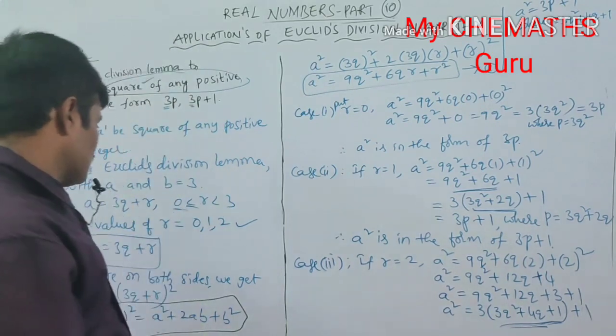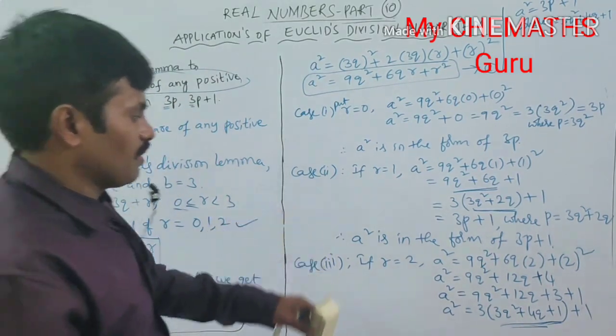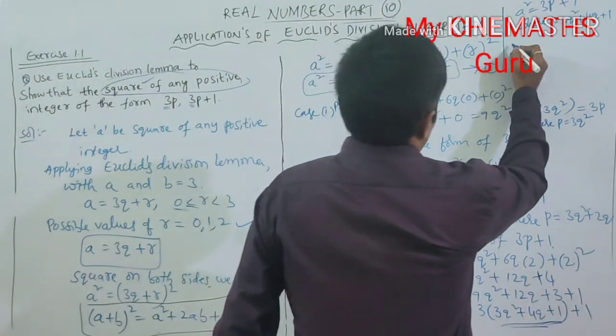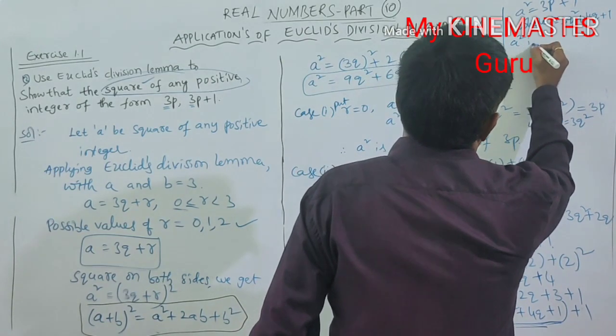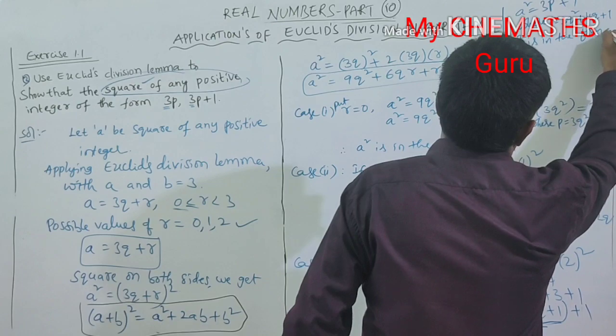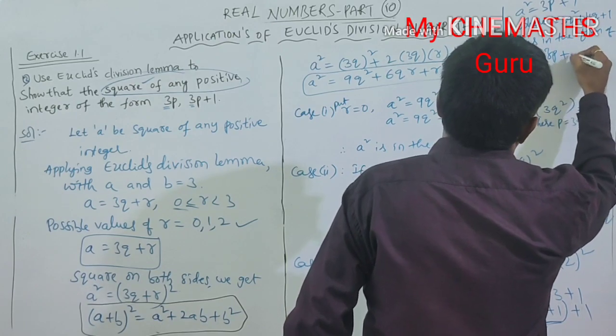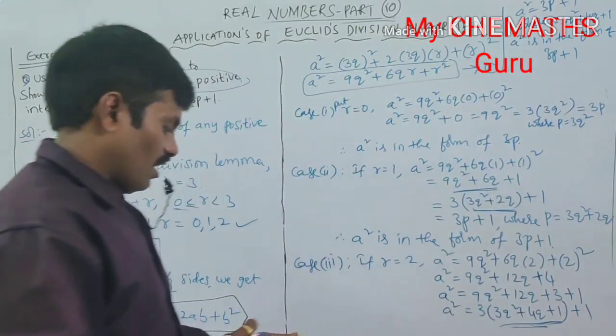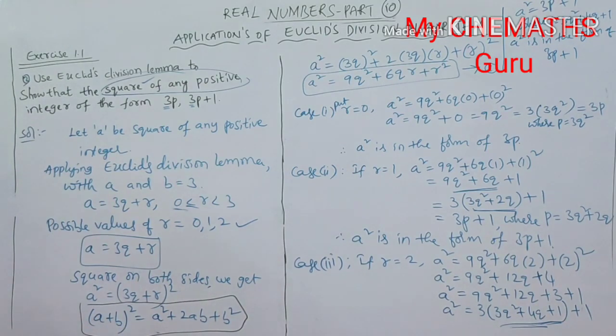Yes, in all cases we got either 3p or 3p + 1. In this case a² is in the form of 3p + 1. See, now all cases are satisfied according to the condition.